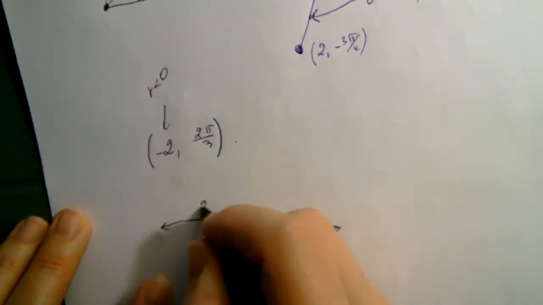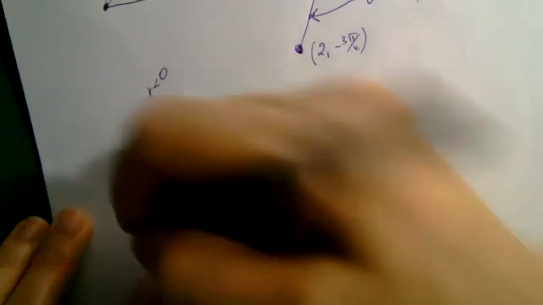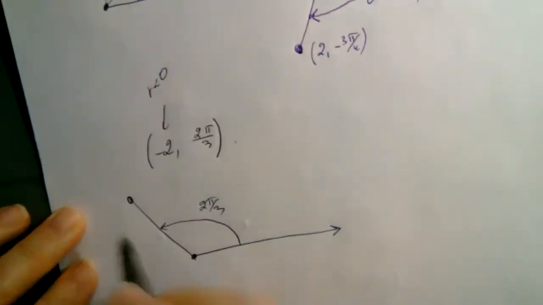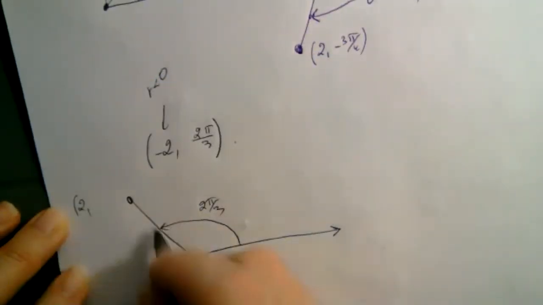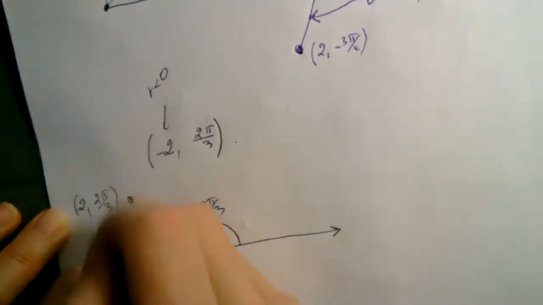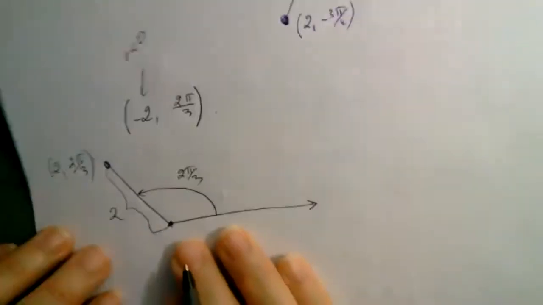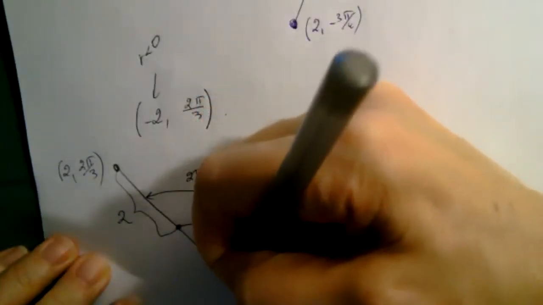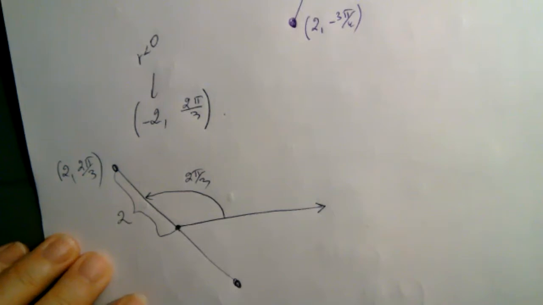I'm not drawing the point yet. And then I will go 2 units. This is the positive 2. So from here to here, that's the positive 2, 2 pi over 3. Where is the negative 2? You take the point right here. It's the symmetric of it.